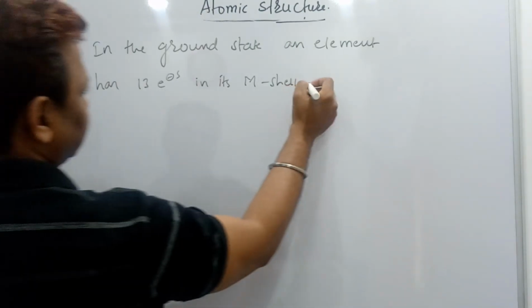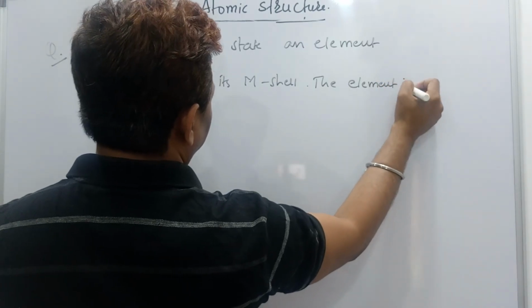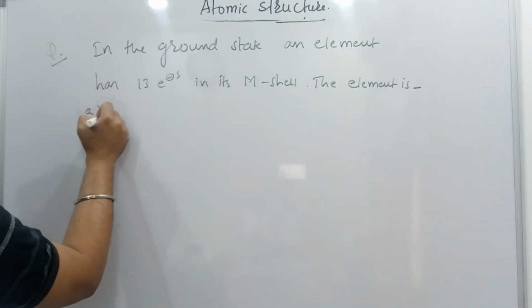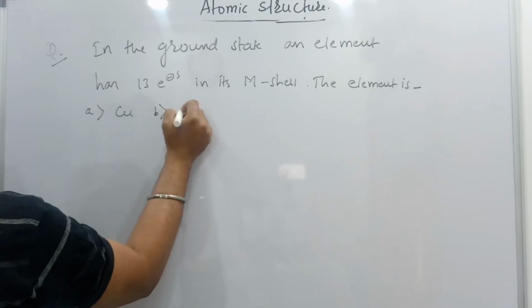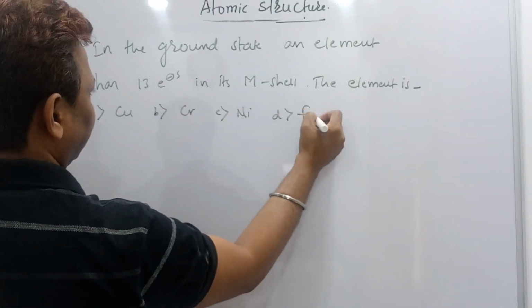The element is... You can see the first option copper, second option chromium, third option Ni, and fourth option Fe.